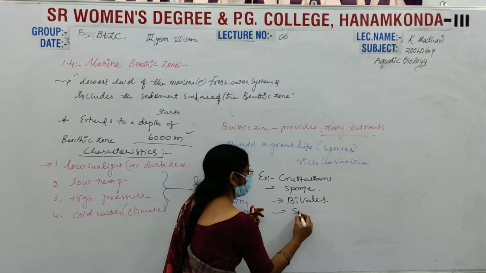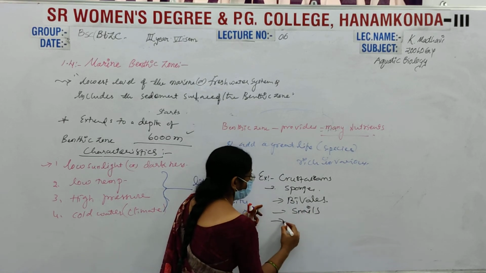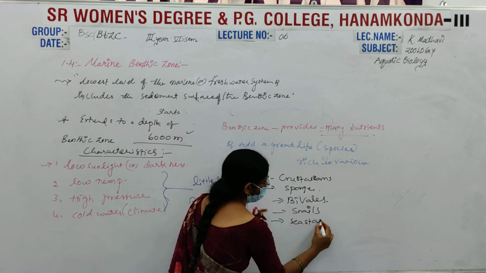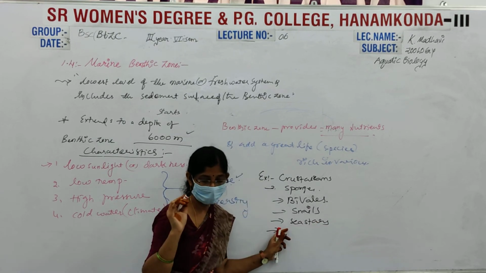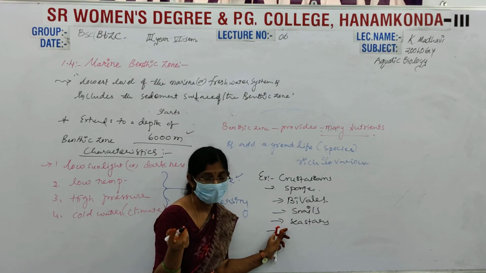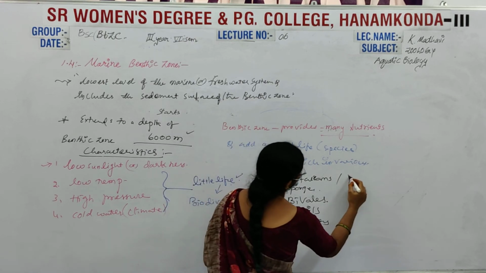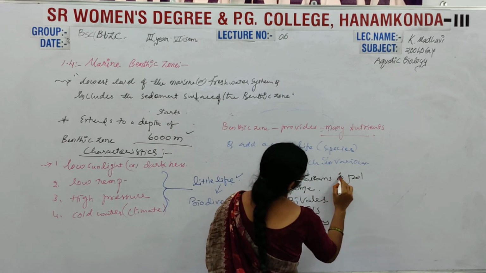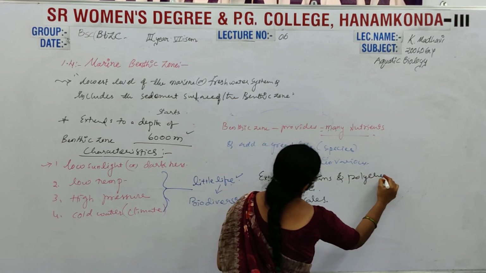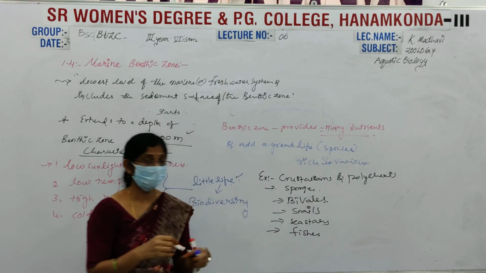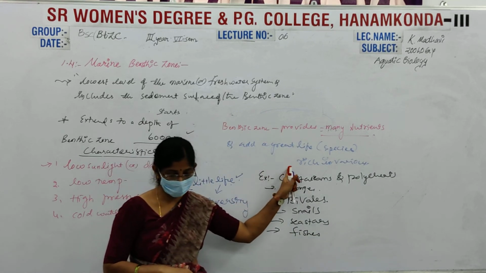And snails, sea stars, and some other animals, and so many fishes and polychaetes. These are the organisms which live in the benthic region.